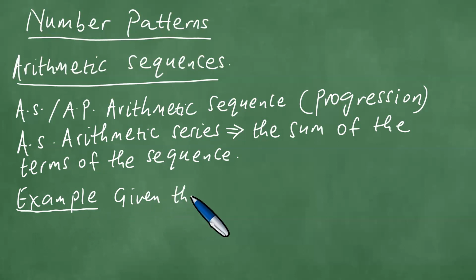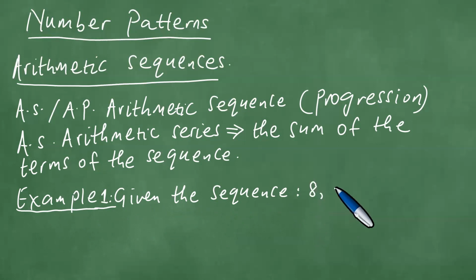Given the sequence, call it example 1, because there are many examples we're going to give. Given the sequence 8, 3, -2, and so on.